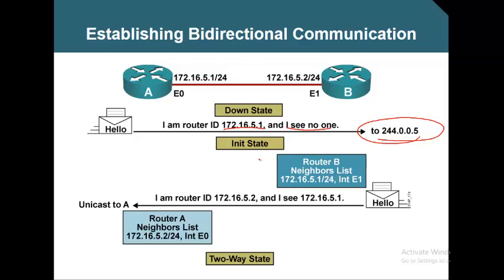I don't see anyone. I'm here. If anyone wants to add me as a neighbor, please add me." That hello packet, we call it the init packet, the initiating packet. What is it initiating? It's initiating the OSPF adjacency.